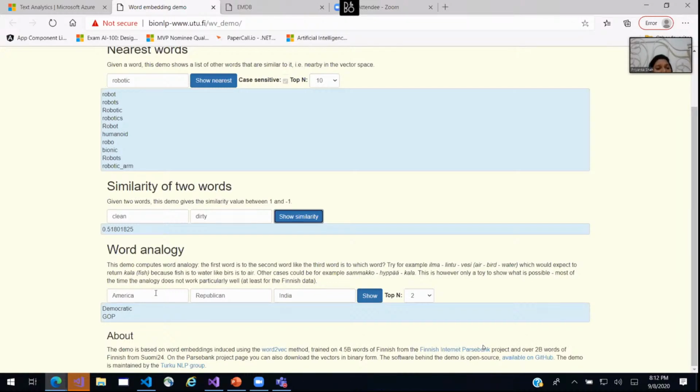There is a second thing also, which is word analogy, right? Word analogy means something like if I say air and bird, then water is what? It was fish, right? If I'm talking of birds flying in air, then fish swimming in water. I tried something like America is Republican, then India is what? It gave Democratic, GOP, something like that.